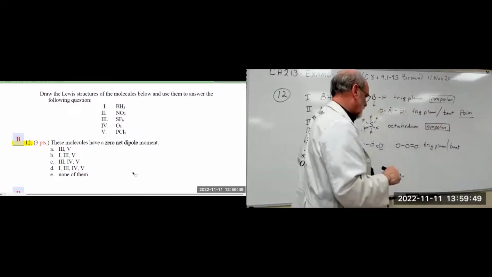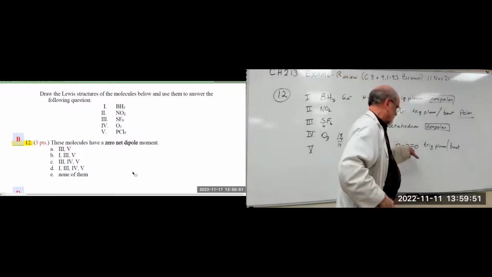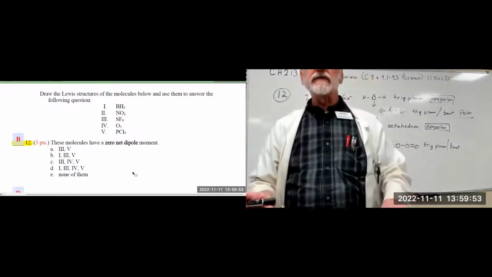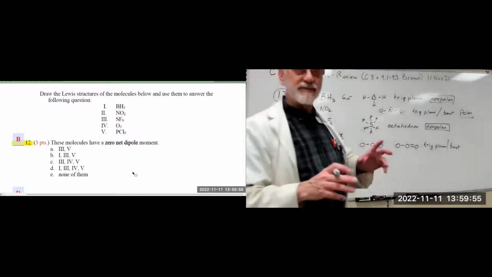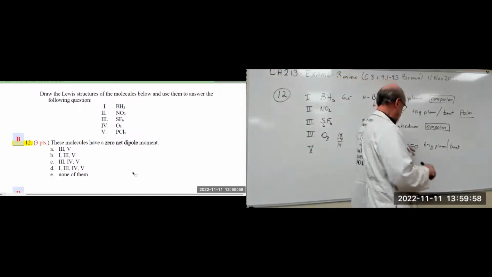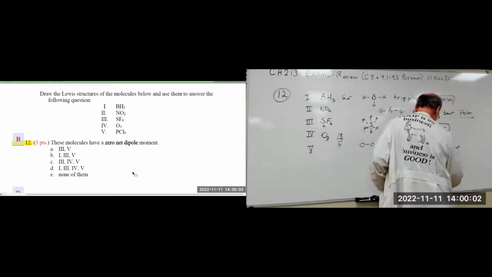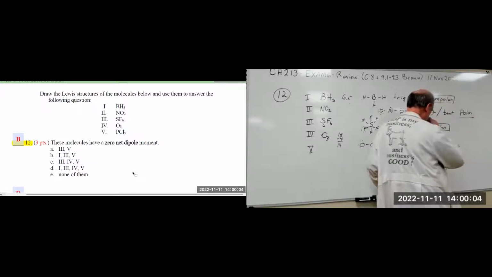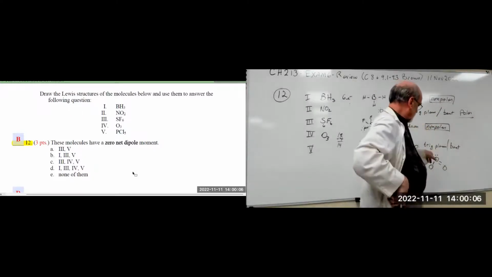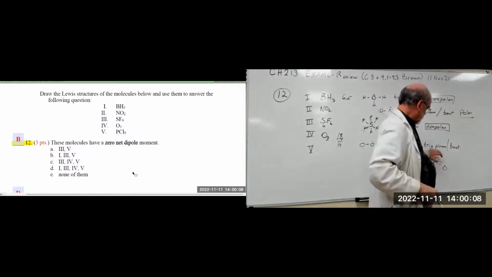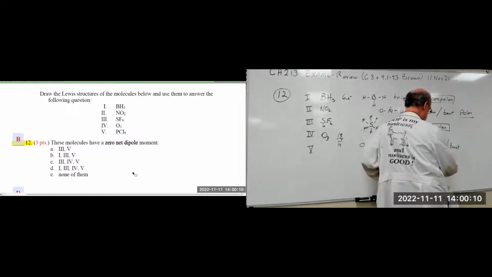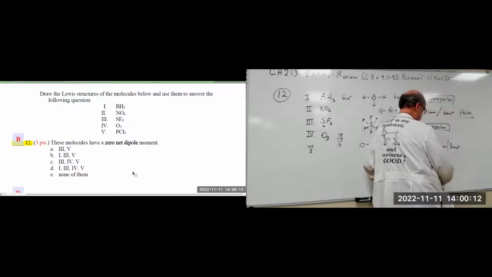Okay. Now these oxygens all have the same electronegativity, but it's bent, and there's a lone pair up here, so it's going to look like this. Something like that. This lone pair gives that side of the molecule a negative charge.